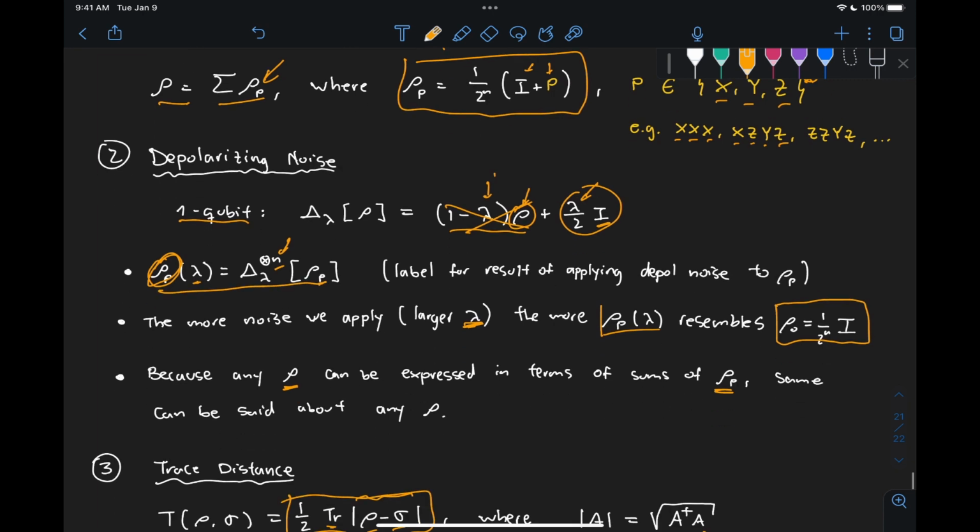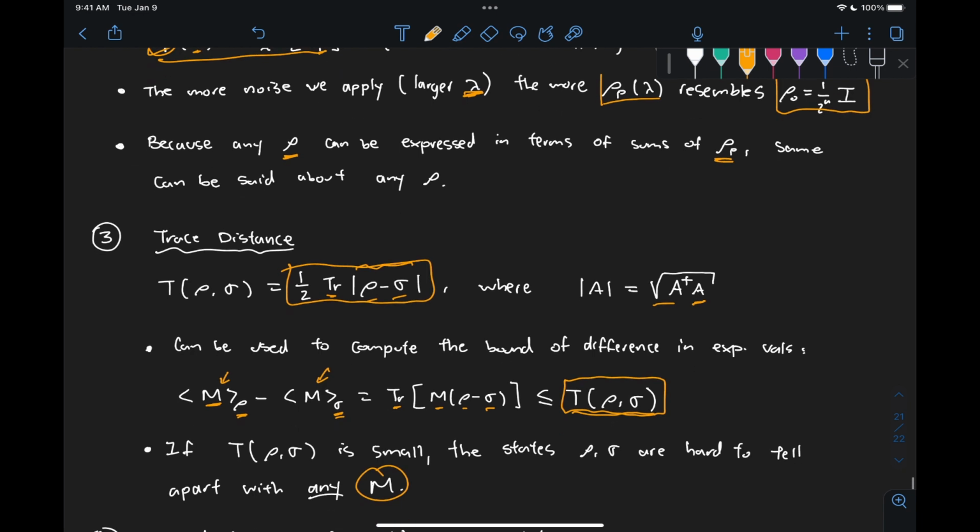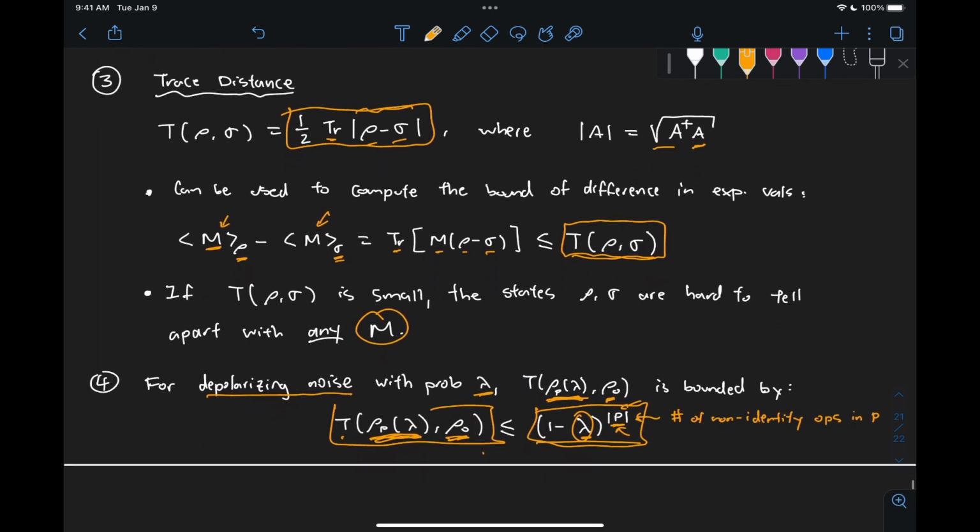And we can use the trace distance to compute how different a noisy density matrix of a Pauli word is from the maximally mixed state. And then we can compute the difference between that calculation with this expression that is given to us here to show that this is smaller or equal to 0. So that's what we're going to do next.